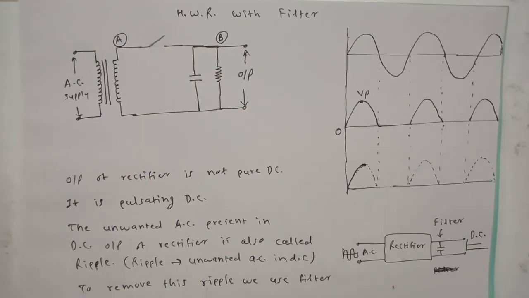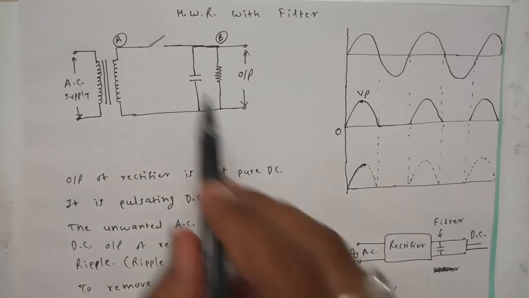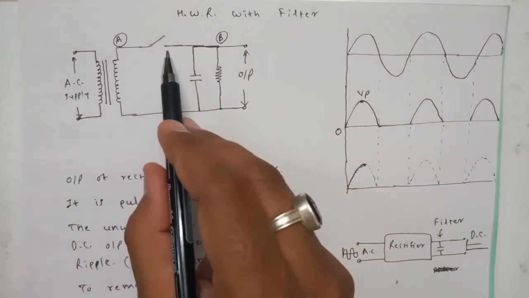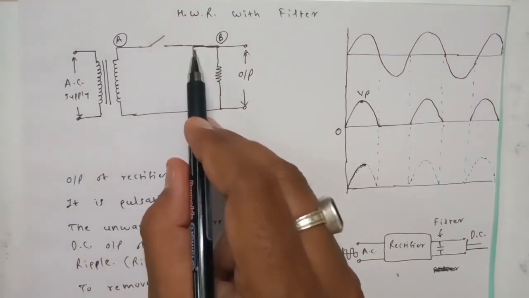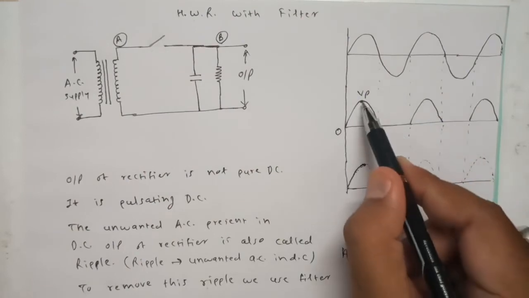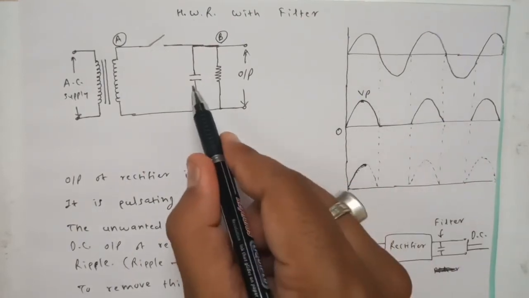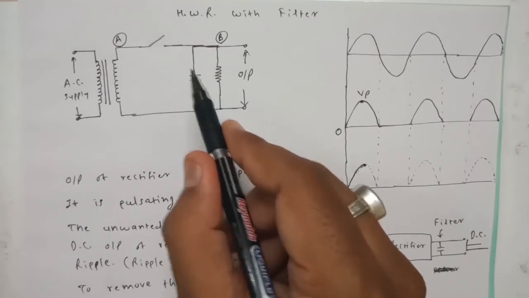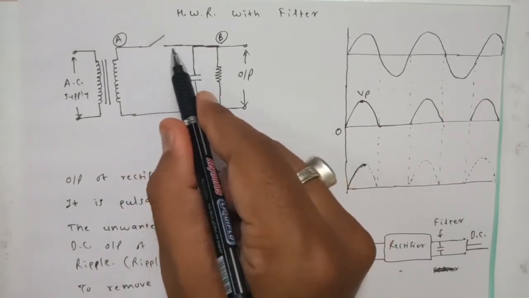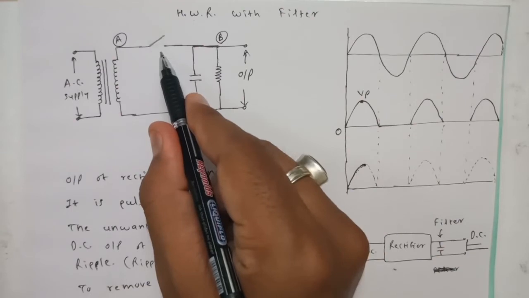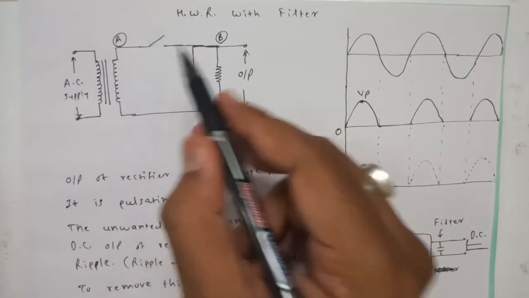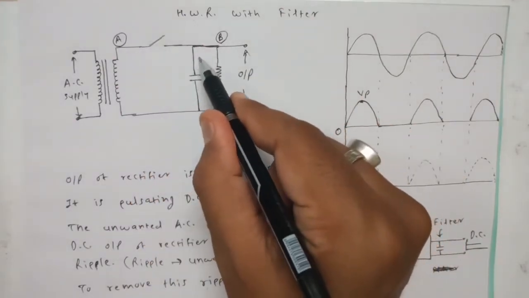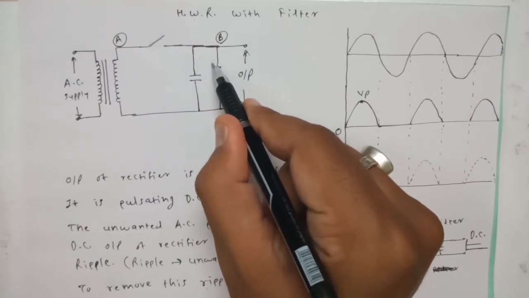Now we have the scenario that the diode is open because it is reverse biased and the capacitor has the charge which is equal to Vp across it. So now the capacitor will find some path through which it should discharge its potential. It cannot discharge through this path because the path is not connected. That's why it will start discharging through this resistor, right?